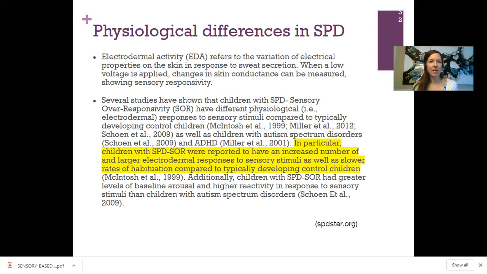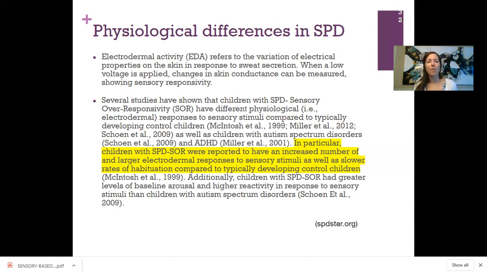Basically, one study that was done with the electrodermal activity. So it's basically measuring, they put a low voltage onto the skin and measured how much that person's body responded to the sensory stimuli.